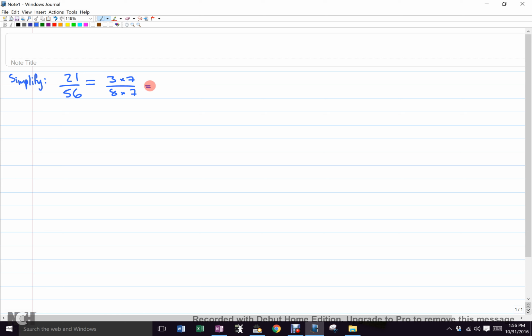And 56 is made up of 2 times 2 times 2 times 7, yes? And you see that 7 is the biggest number that they're both shared by, yes? So you would take 21 and divide by 7 and 56 and divide by 7, and you would get 3/8.